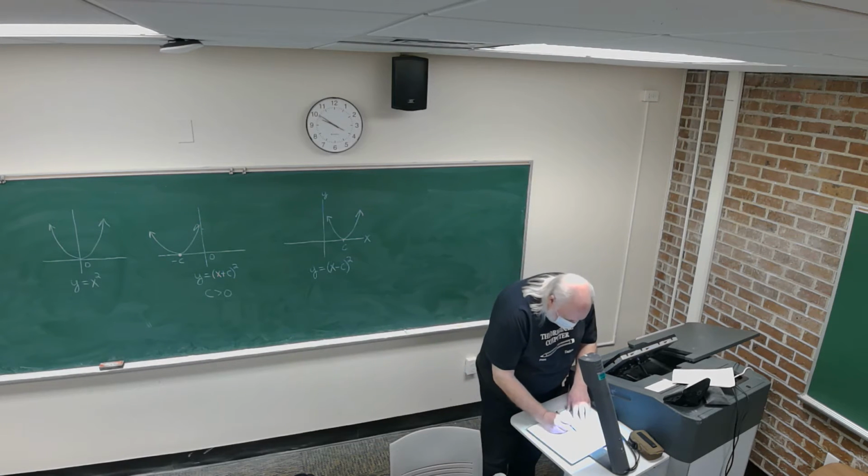So let's plot the points. Well, (-4, -12). -12 is way down here somewhere. (-3, 0), there's that x-intercept. (-2, 4) is up here.